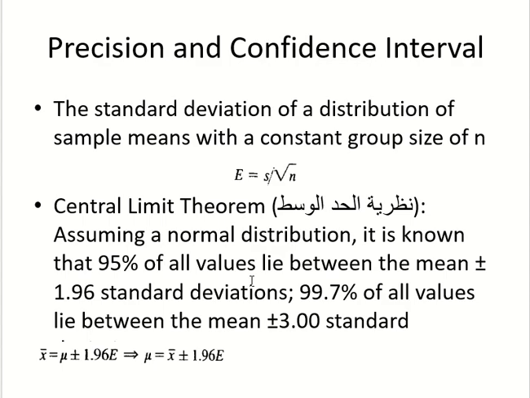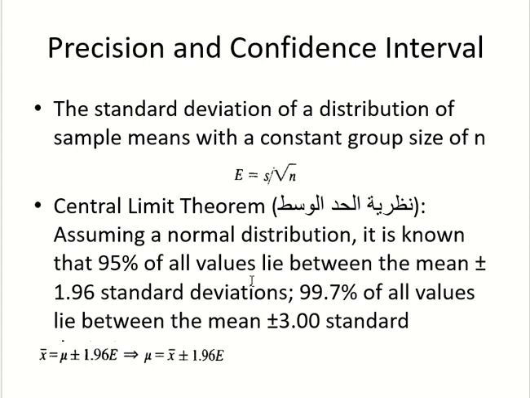Okay, and the central limit theorem is very easy. It says that if you want a range, take the mean value plus minus something into E, where E is what? L. Got it? Okay, and this something depends upon your confidence level, the percentage.